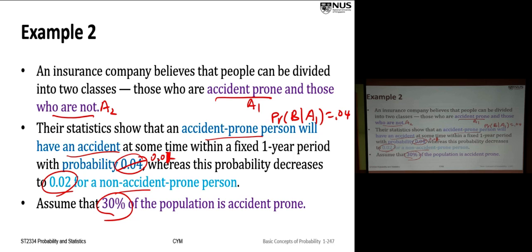Given the condition that it is an accident-prone person, the chance of having an accident is 0.04. Similarly, the probability of B given A2, or A1 complement, is 0.02. But we still need to know the probability of A1 and of A2. Here I say the probability of A1 is 0.3, 30%.